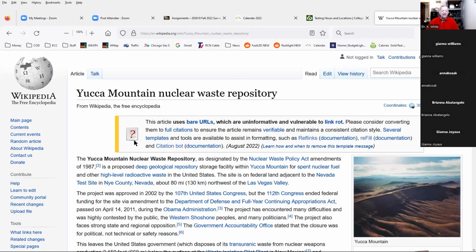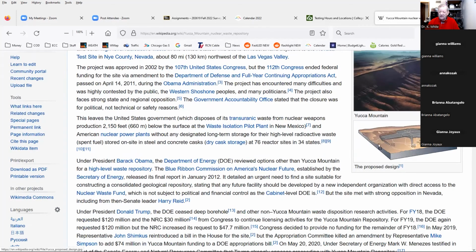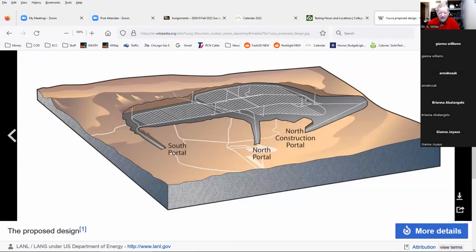And they found near Las Vegas, Nevada, of all places, a mountain called Yucca Mountain, and that was called the Yucca Mountain nuclear waste repository. Here's the proposed design, where this was all underground construction in an area where there's no flooding and things like that. It's a desert.